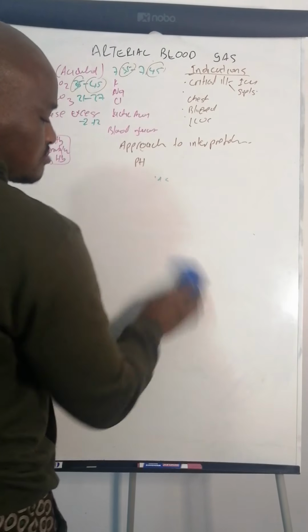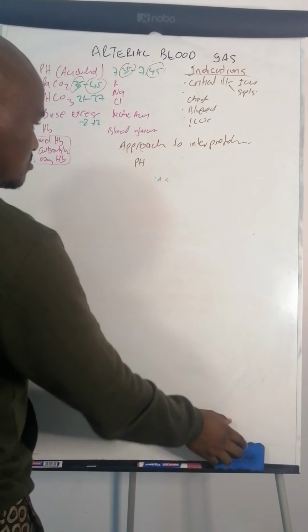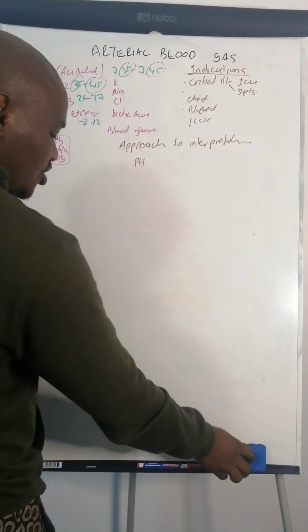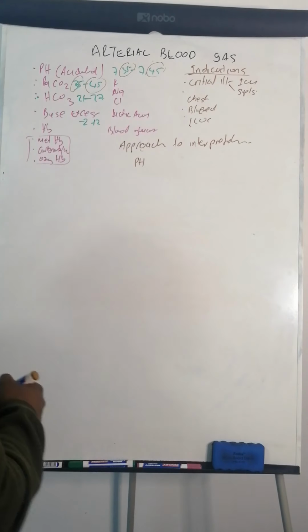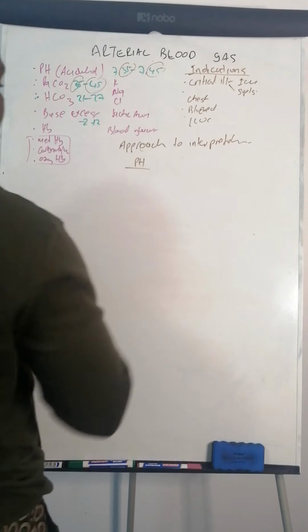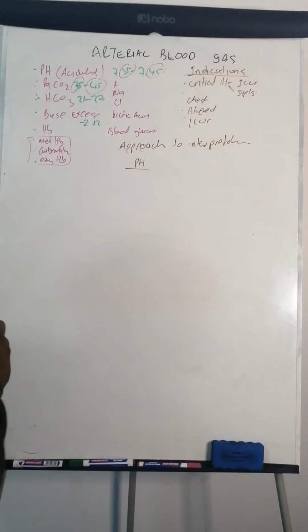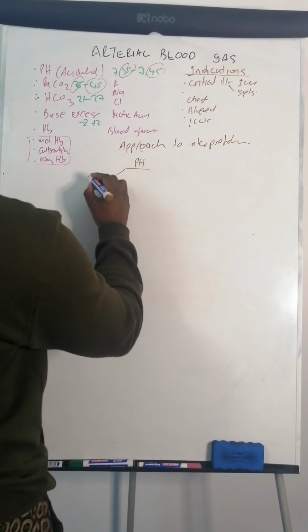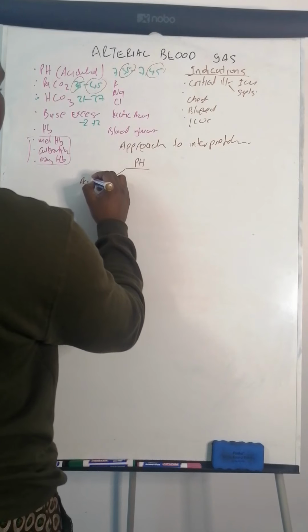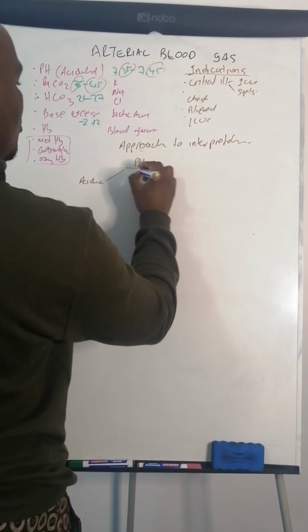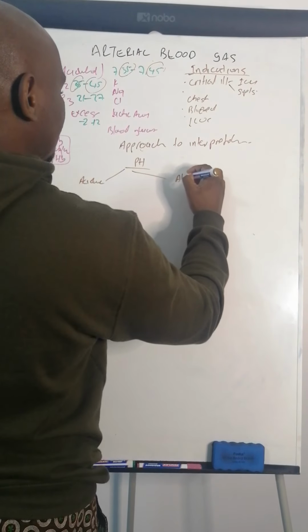So now, when you get an ABG strip, first look at the pH and decide if your pH is acidic or if your pH is alkaline.